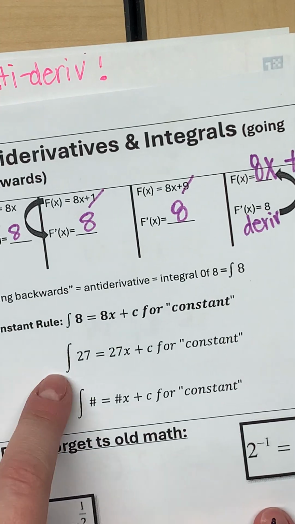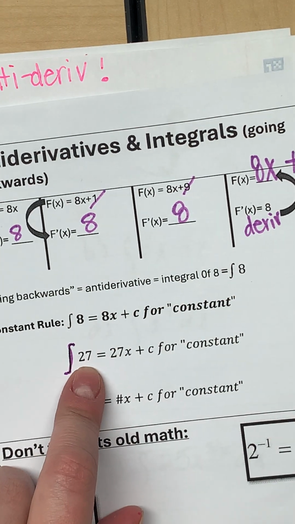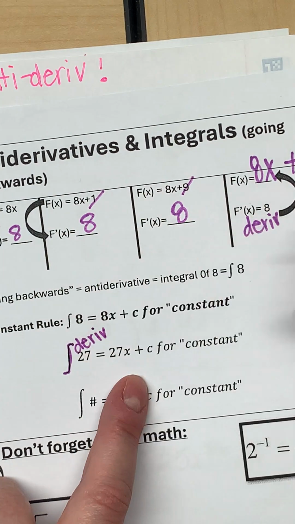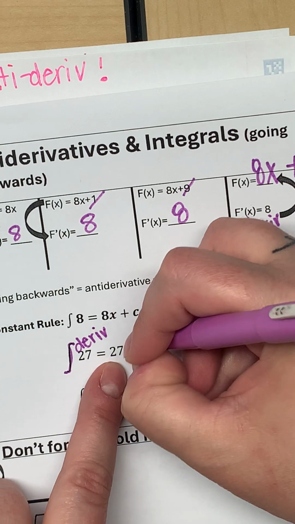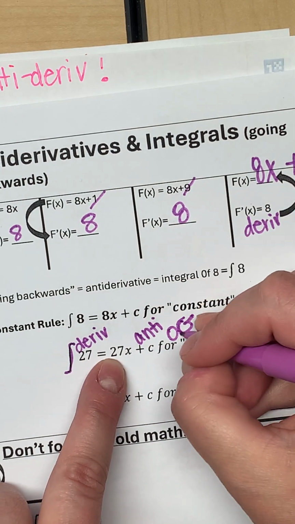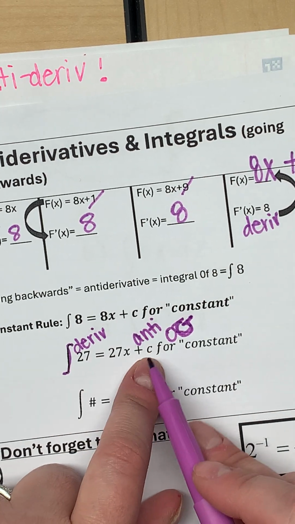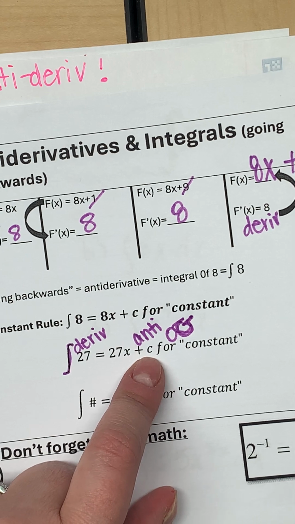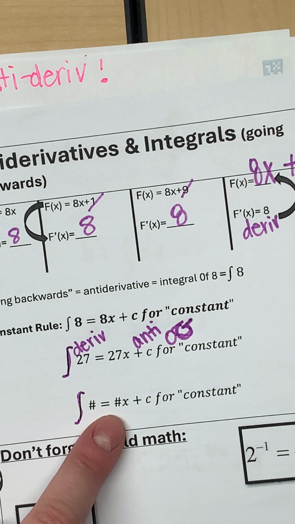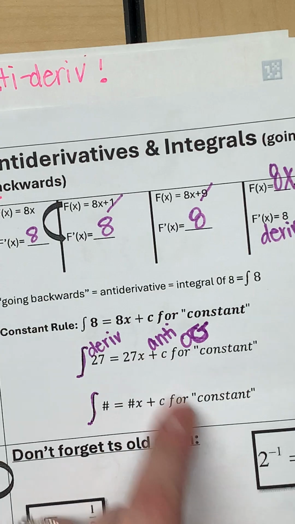Or if we look down here, if you are given that the integral is 27, as in this is the derivative, then the antiderivative, or the OG equation that gives us that derivative, is 27x plus some naked number constant. Anytime you have the integral of just a number, it pops out that number x plus c. So that's our second rule.